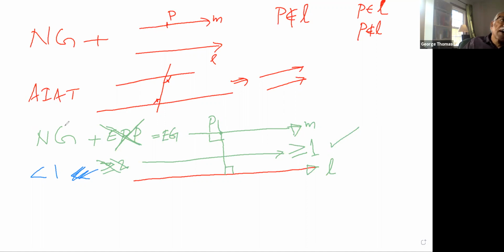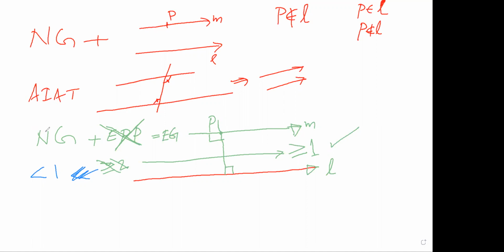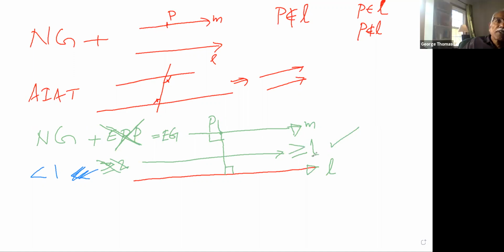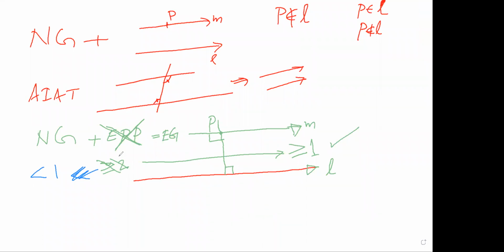When you are inside neutral geometry, you can get at least one parallel always. So you cannot add on a statement saying there is less than one parallel, because then there will be a contradiction. Would there be? There would be a contradiction because neutral geometry says there is greater than or equal to one.